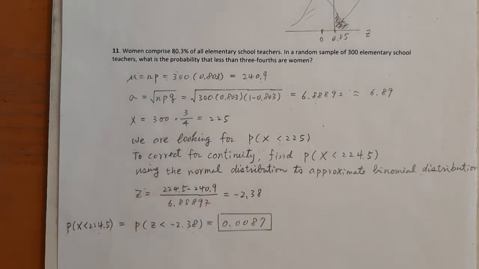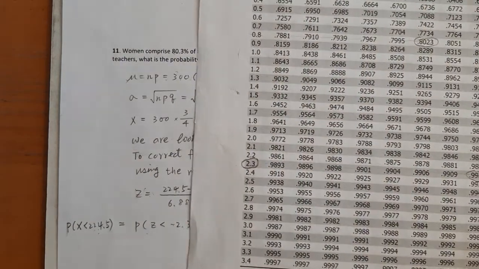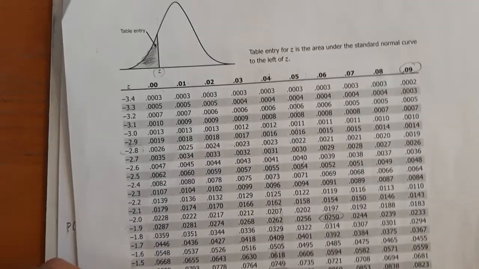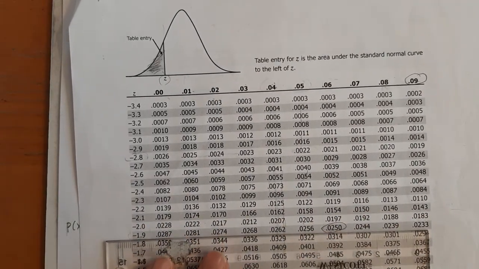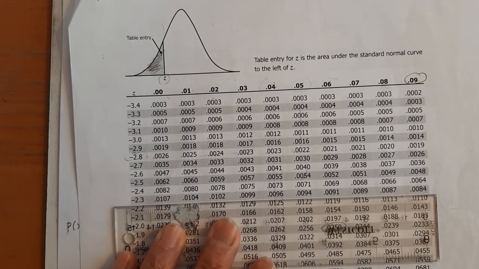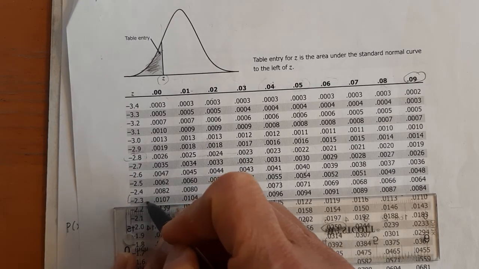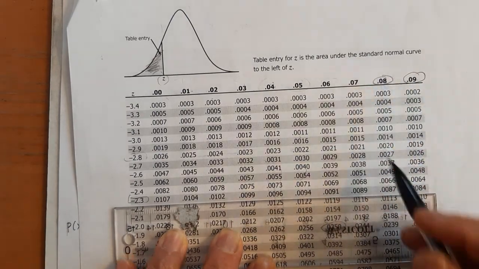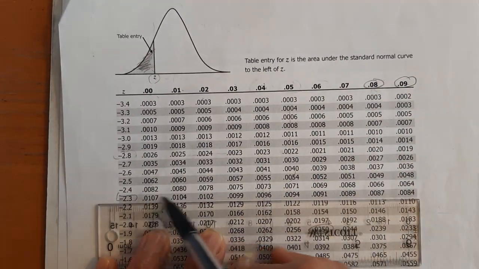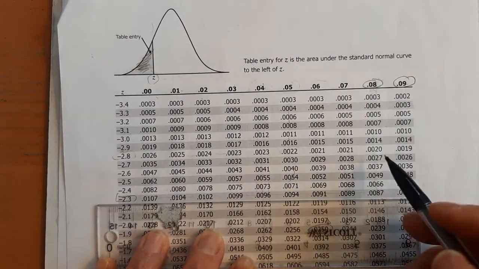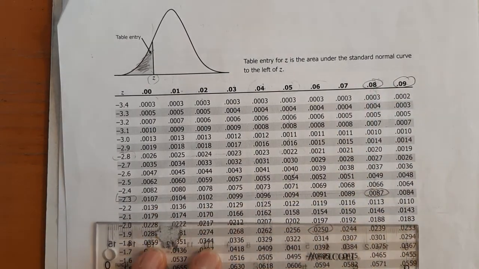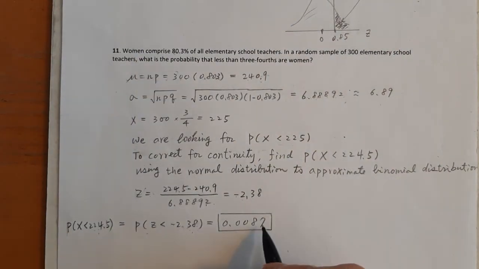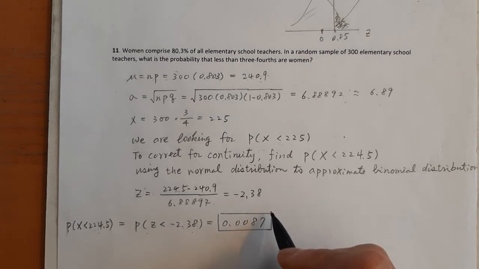Looking at the table on the negative side, negative 2.38, the probability is 0.0087. It's very small, 0.87%.